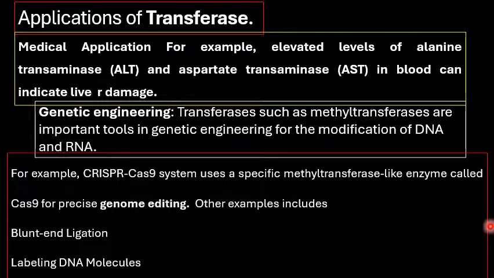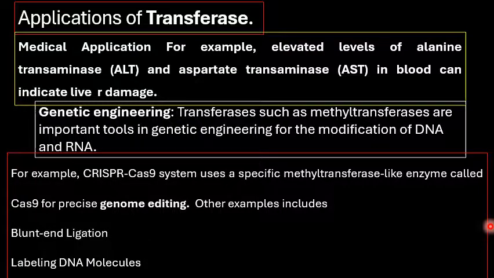So we also have an example of this in CRISPR-Cas9, which uses a specific methyltransferase-like enzyme called Cas9 for genome editing. So it is actually used in this process for genome editing, and these are applied in biotechnology.